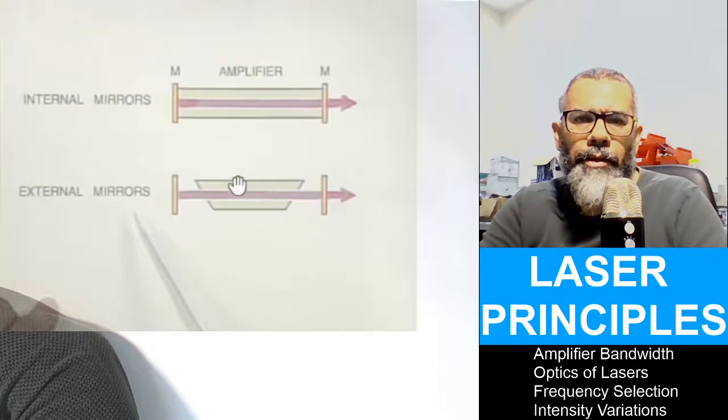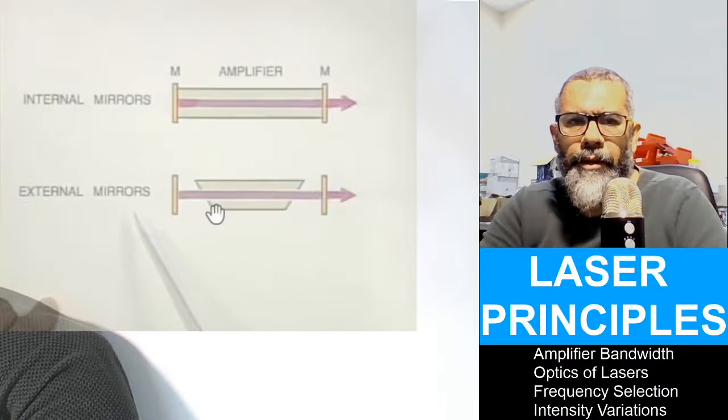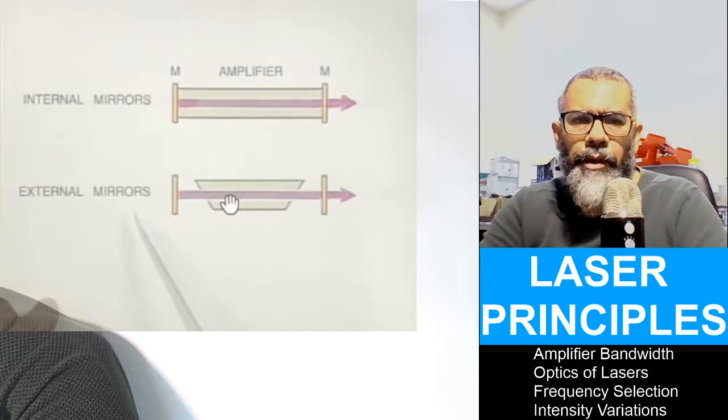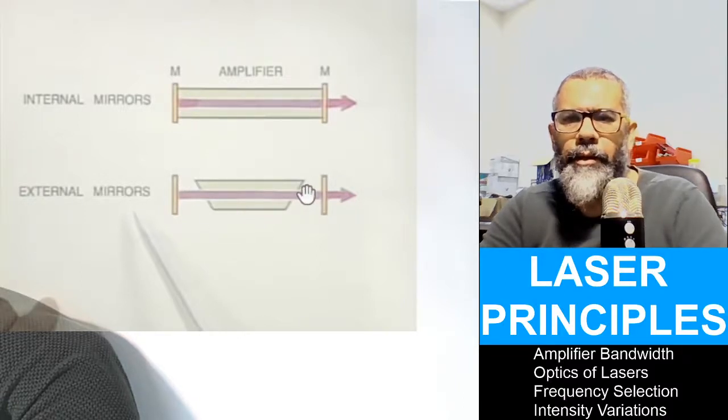Or in some cases, like in this second picture, the amplifier is limited to the region in between the two mirrors. For example, over here you see a typical amplifier cross-section for a helium neon laser.